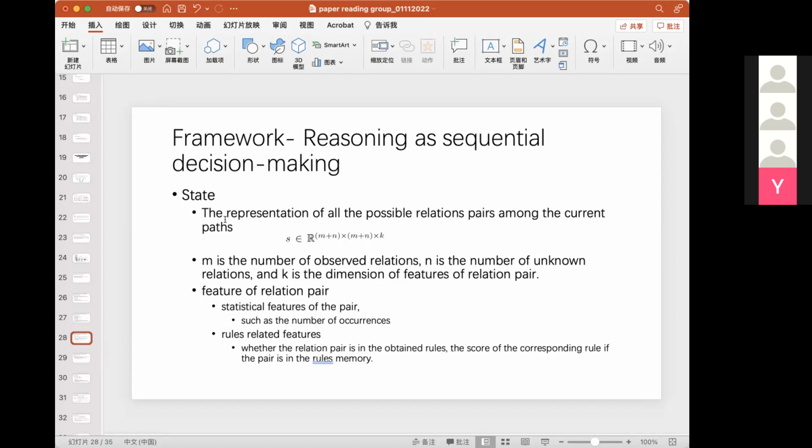Actually, in RNNLogic, we are not using one unknown relation. We're just trying to learn the representation of the relation. In that way, there's no need for us to represent the unknown relation, because the unknown relation already has its own representation.